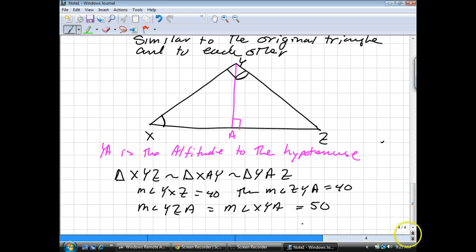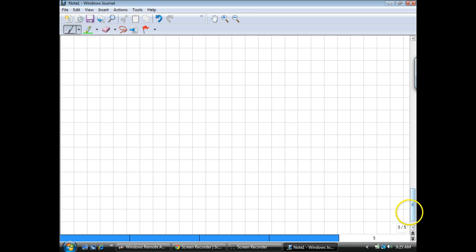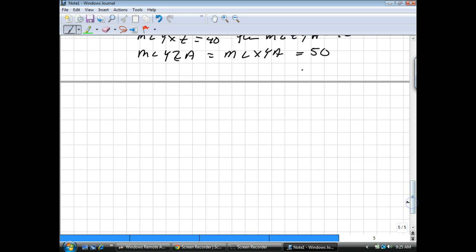Okay, so the theorem says that the three triangles are similar, but from the theorem we get two corollaries, and these are the ones that we actually use.